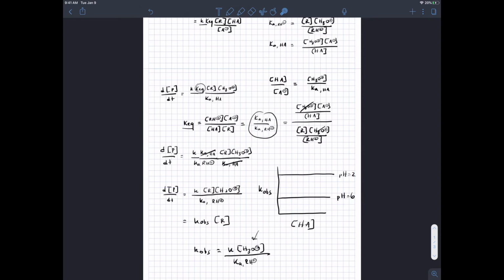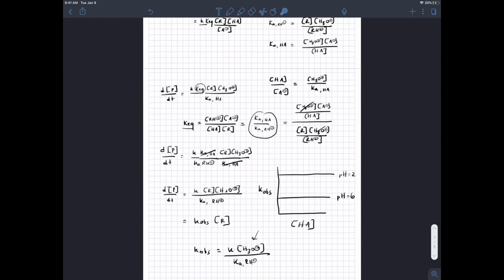Okay, so the hallmark of specific acid catalysis is that the proton transfer happens prior to the rate determining step. The consequences of that are that the rate depends linearly on pH, and the concentration of acid that you add doesn't matter. Only the pH.